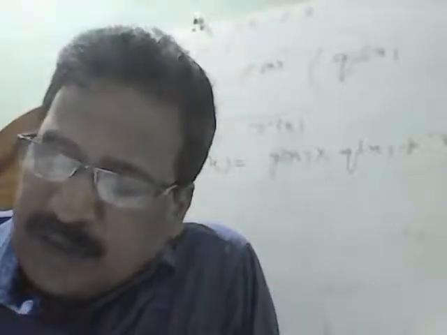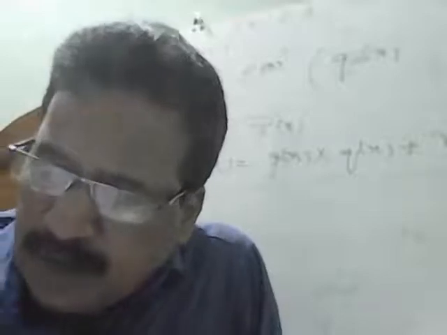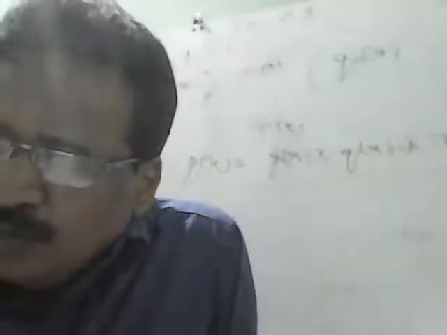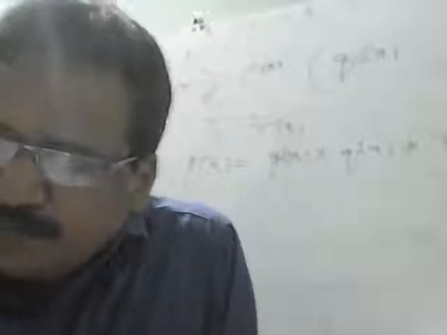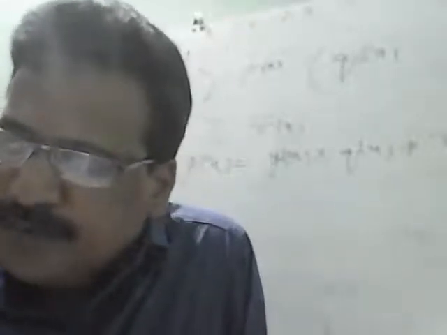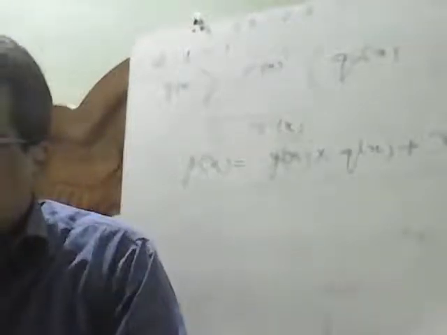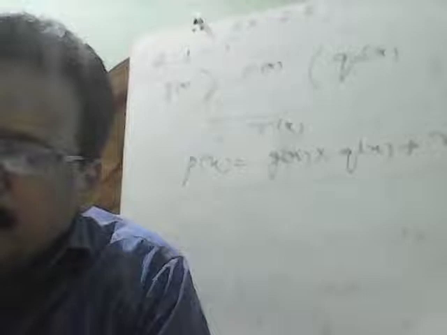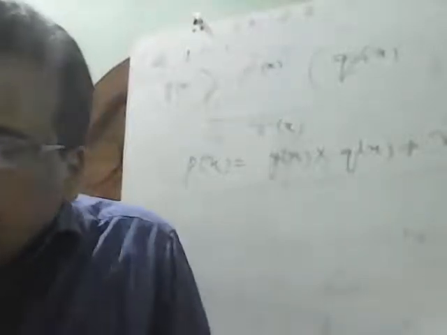Then factorize the quotient. Your quotient is 2x square minus 3x plus 1. Factorize that. You will obtain the factors, that is 2x minus 1 into x minus 1.